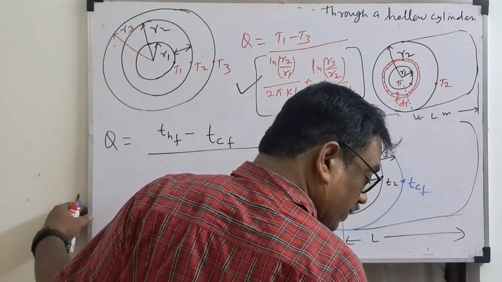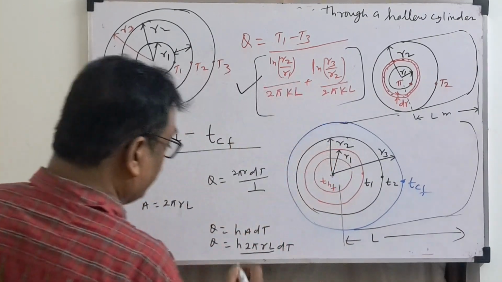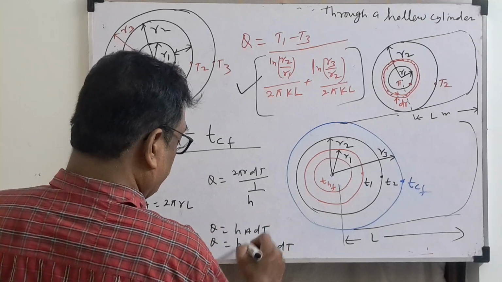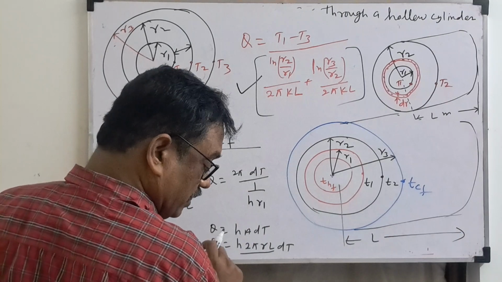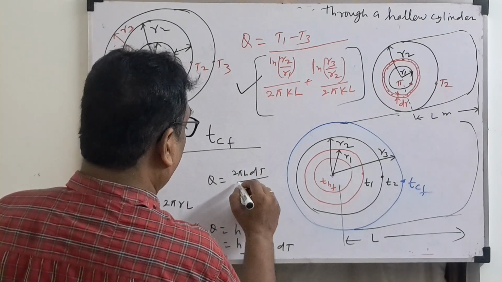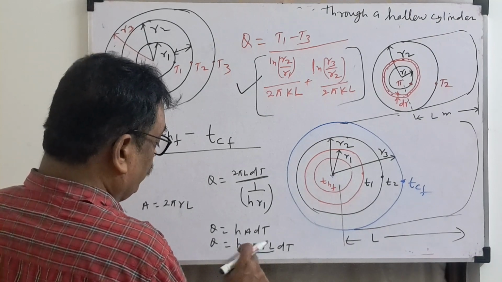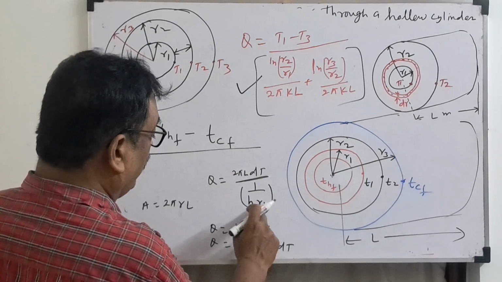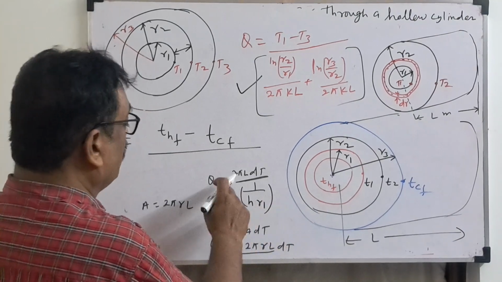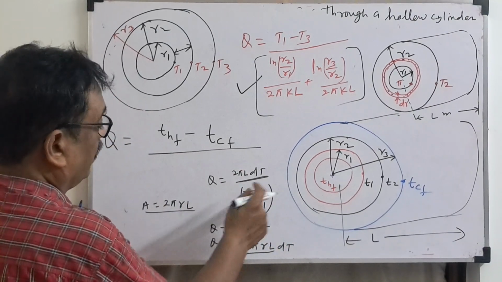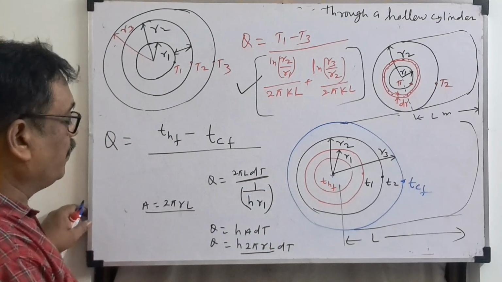So the convective resistance will be 2 pi L, 1 by h into R1. Here h is the heat transfer coefficient and R is the radius. So this is for convective heat transfer for the hollow cylinder.